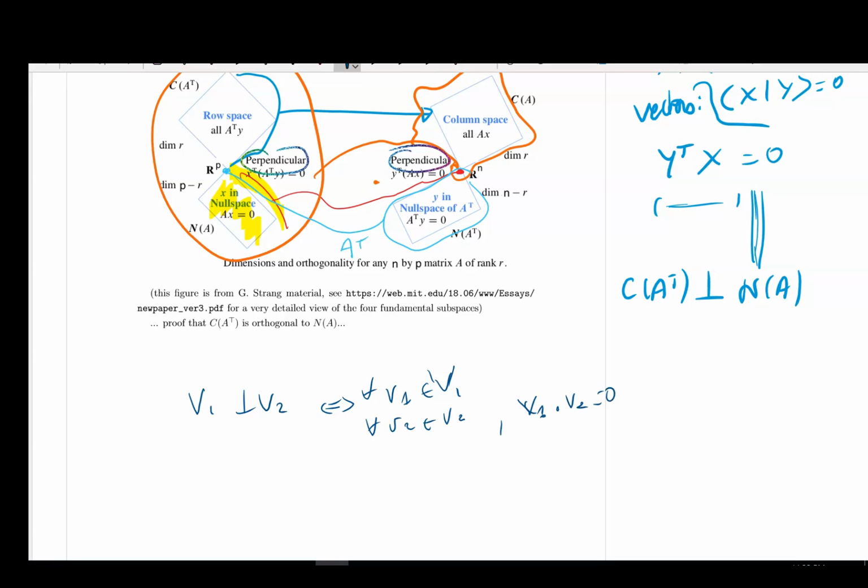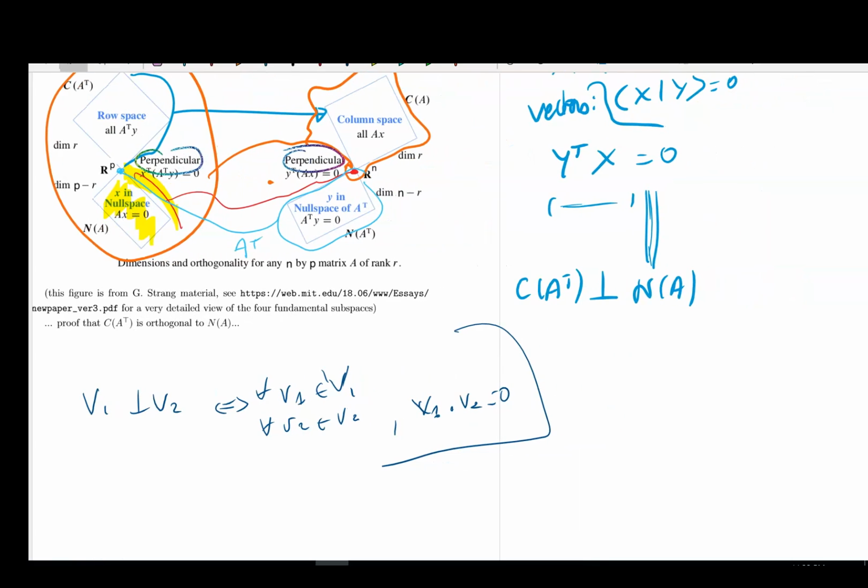Any two vectors, one in the first space, one in the second space, are going to be orthogonal. That being said, let's prove that the column space of AT, in other words the row space of A, is orthogonal to the null space of A.